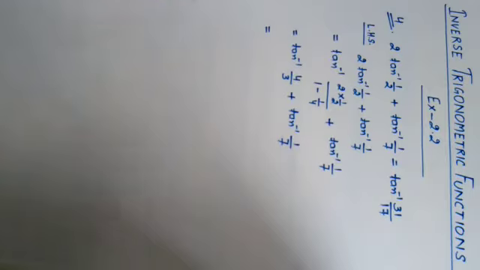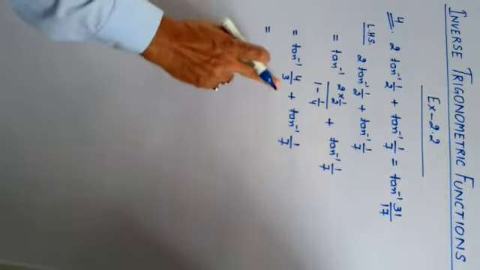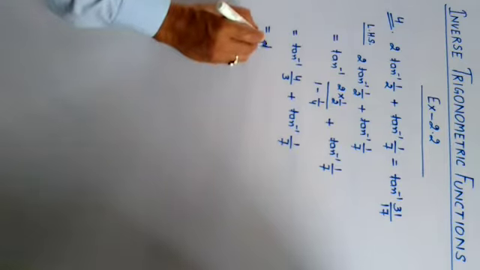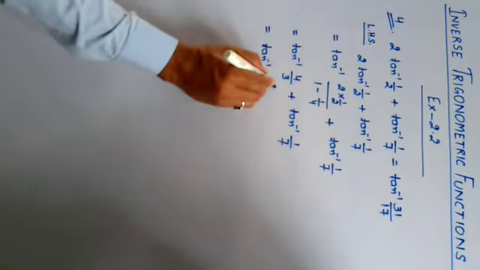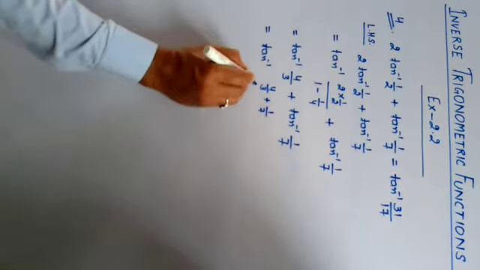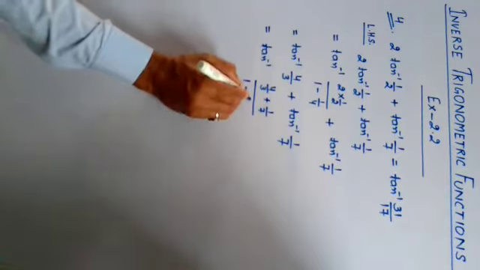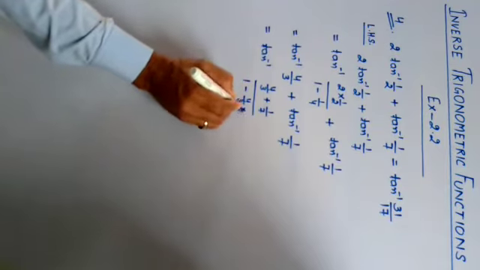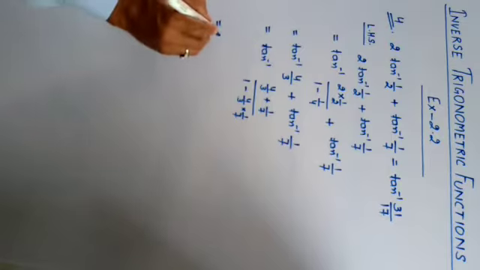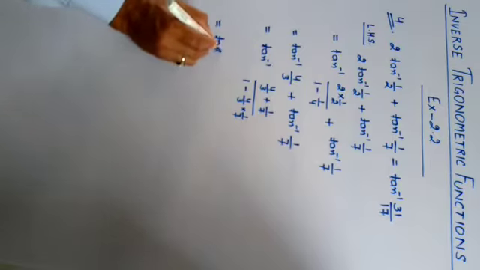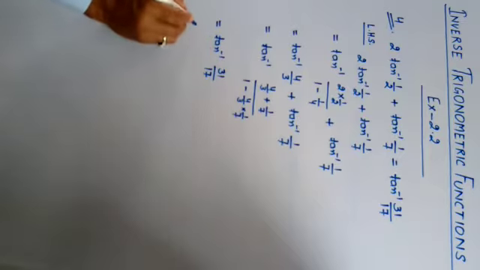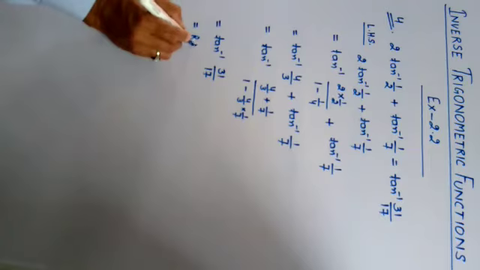Now we can apply the identity tan inverse x plus tan inverse y equals tan inverse of x plus y upon 1 minus x into y. After solving it, you will get tan inverse 31 upon 70, which is the right hand side.